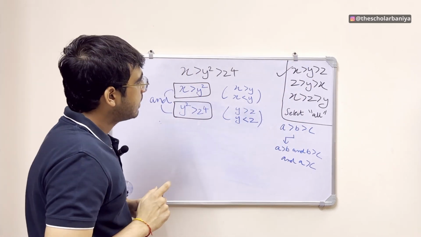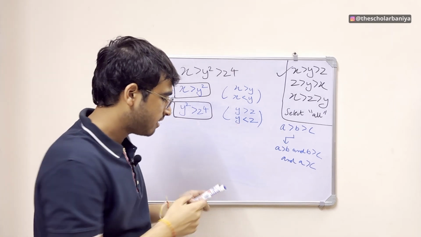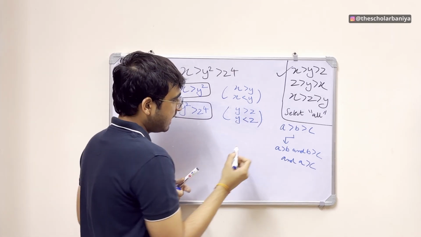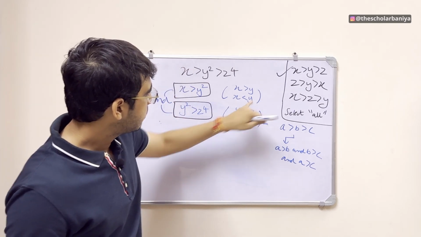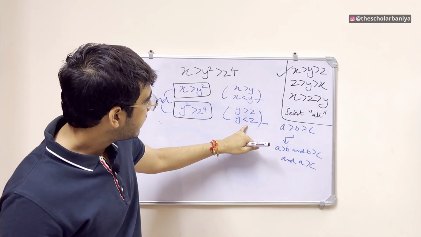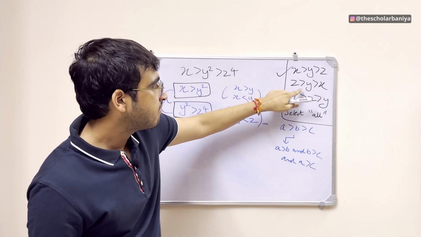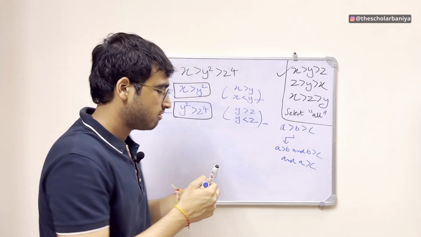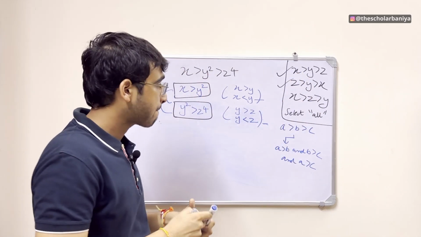Okay. Now, if z is greater than y, and over here, if y is greater than x, so obviously z greater than y greater than x is also possible, right? So even this is true, right?